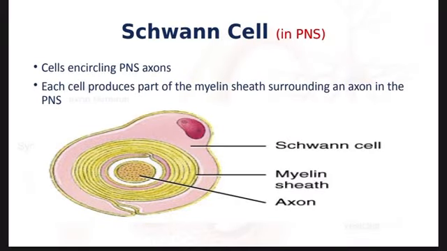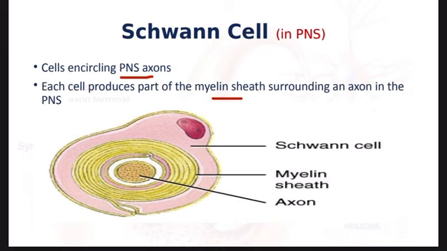Now the Schwann cell, which is really important. Compared to the oligodendrocyte, they are similar. They are cells encircling the PNS axon. So you have axons in the peripheral nervous system, and this is what surrounds them. Each cell produces part of the myelination sheath surrounding an axon in the PNS.